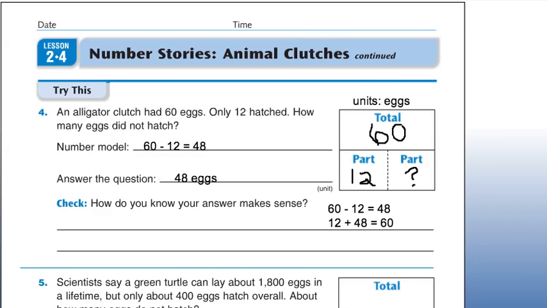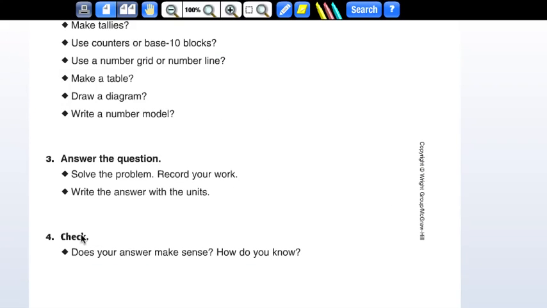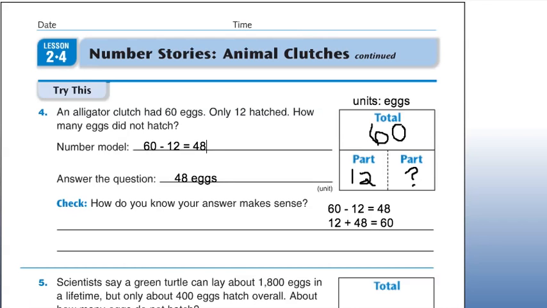Now, the last part, and we'll go back over here and check, is check. Does our answer make sense, and how do we know? Mathematicians are always making sure that their work is correct and that they know for sure that their answer is correct. So how do we know? Well, let's think about this for a second. We know that the number of unhatched eggs, or eggs that did not hatch, has to be less than the total number of eggs.